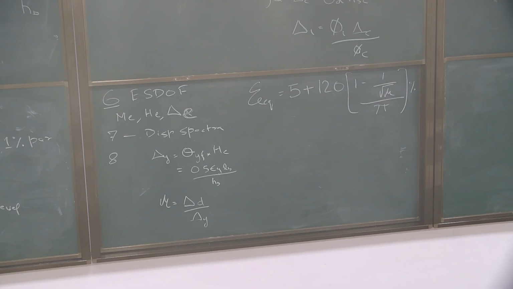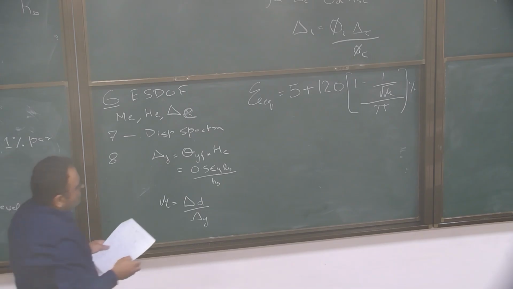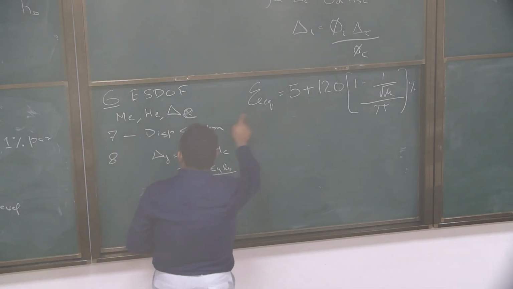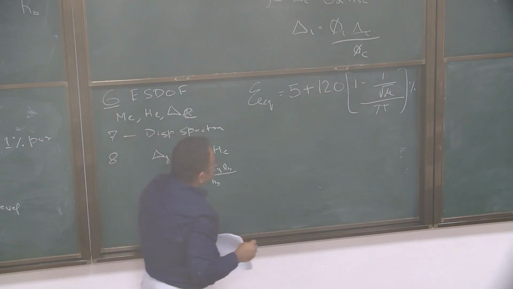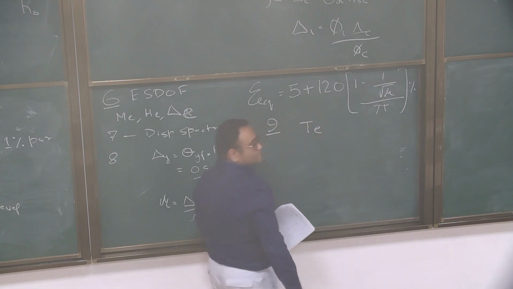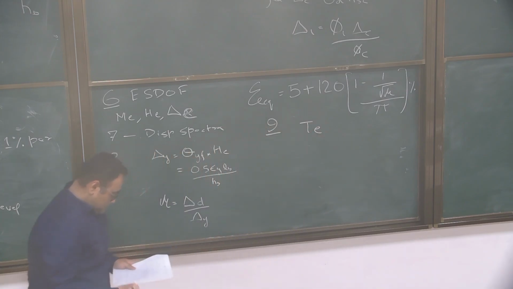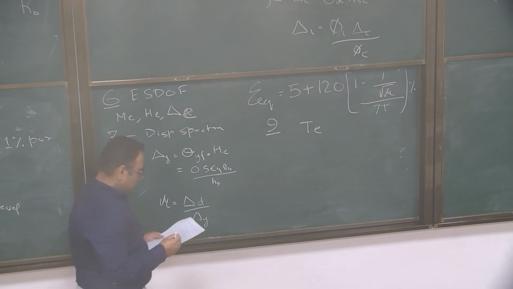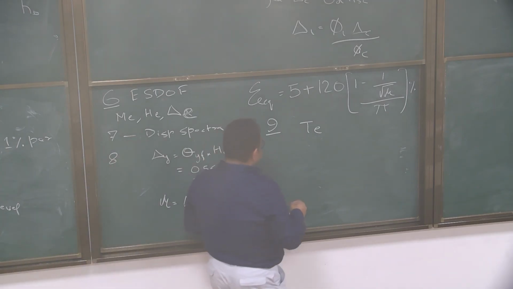Pretty similar to DDBD. From this and the displacement spectra from step 7, you will find what? Time period. Once you have time period, compute KE.